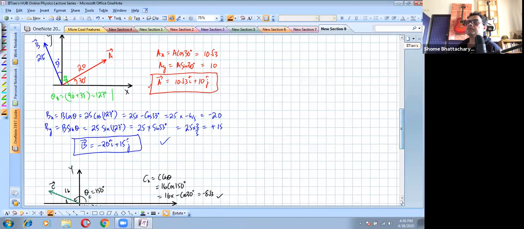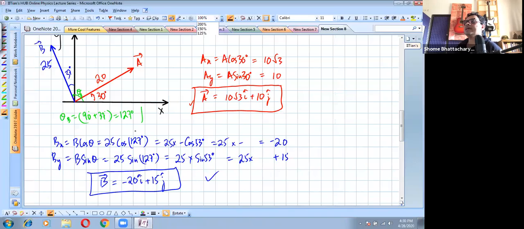Okay, people, there is another set of errors here. Let me bring you up to speed. So let us quickly look at the vector B again. We got the angle correct. It is 127. So this is minus cos 53, but cos 53 is not 4 by 5. Cos 53 is 3 by 5.